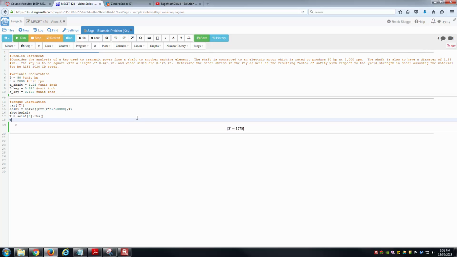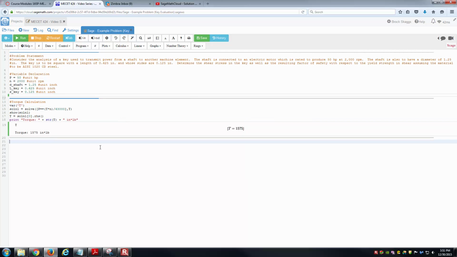And finally I'm going to write a note to myself, print torque. And I'll do string, put T in there, and have it in inch-pounds there. And so notice what I've done here.